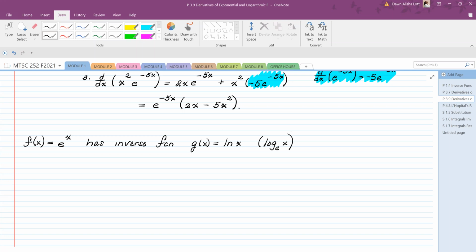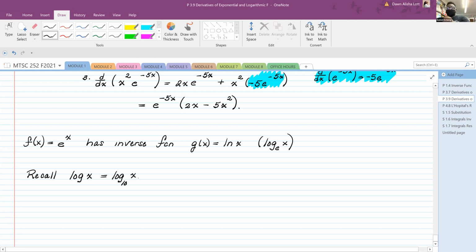Now, if you recall, log of x is actually logarithm base 10 of x. You may remember logarithm base 10; that's what they use for the Richter scale.